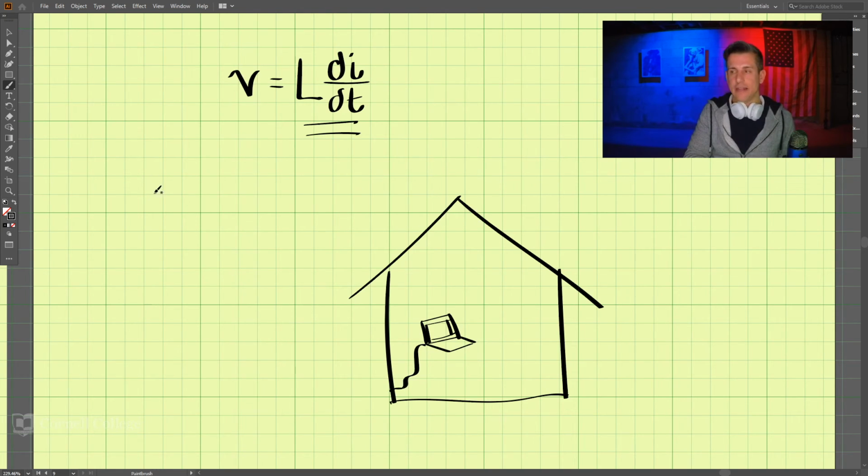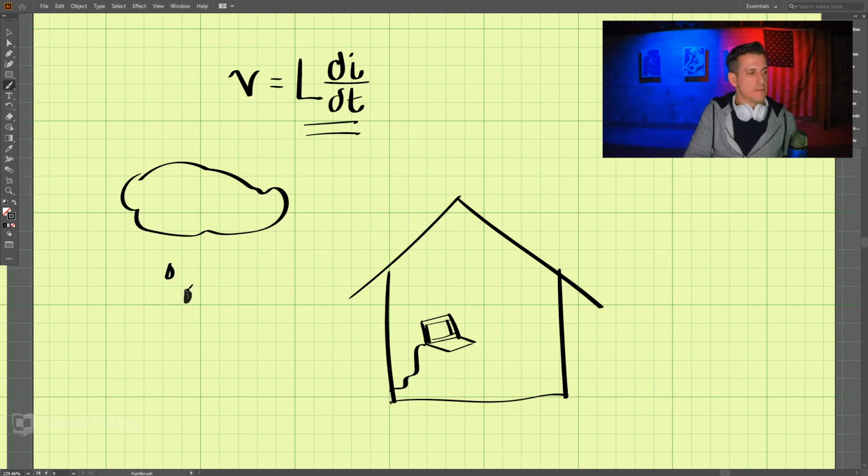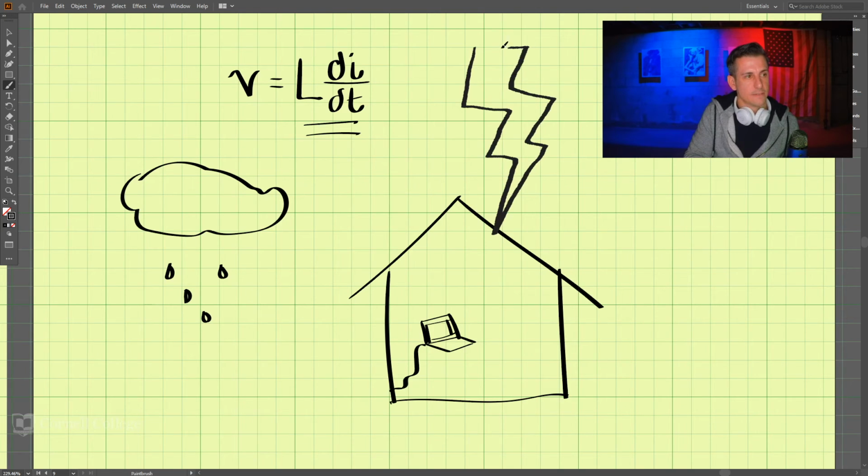Now outside it is raining, and a very big lightning bolt hits the house.